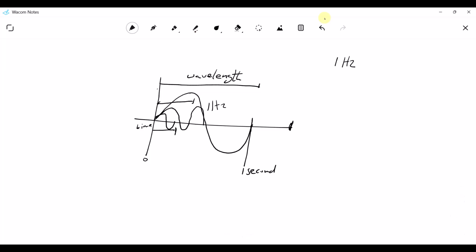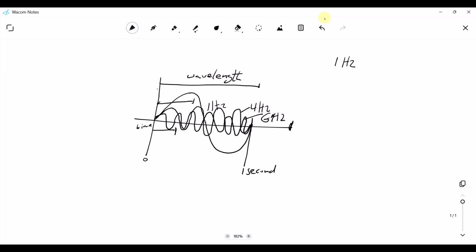If you continue this way, we can draw 2, 3, and let's say 4. So this one made 4 hertz, and this one can also continue 1, 2, 3, 4, 5, 6, and this one becomes 6 hertz.